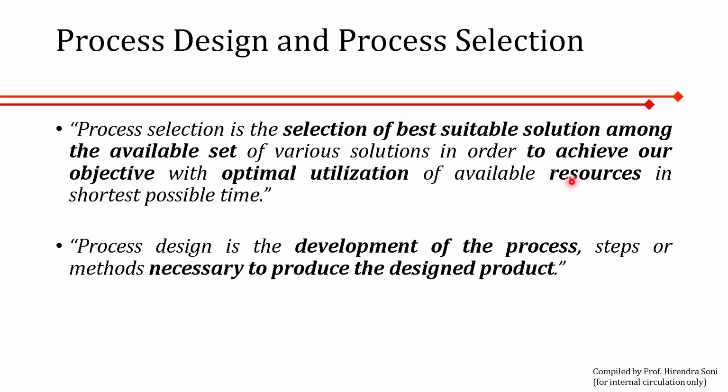So within the best time. The aspects which we have talked about in terms of quality, cost, flexibility, time to market, all those aspects will be taken into consideration while defining the best process to be chosen for making the product.